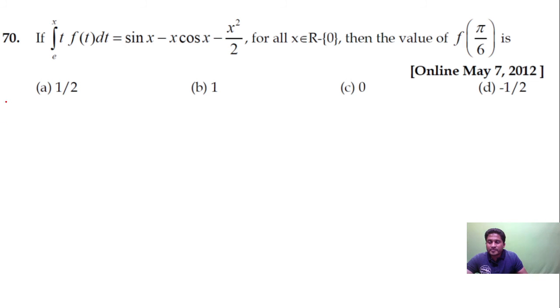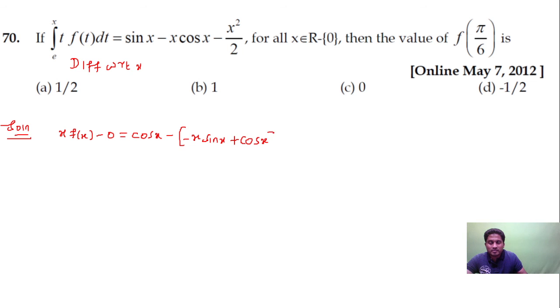Here, I use the Leibniz rule, differentiation of a definite integral. If I differentiate with respect to x, for the upper limit, in place of t you put the upper limit, so you get x into f of x, minus the lower limit, which is 0. First function is sine, differentiation of sine is cos, and then the first function is x, differentiation of cos is minus sine, plus the second function is cos, and differentiation of x is 1.